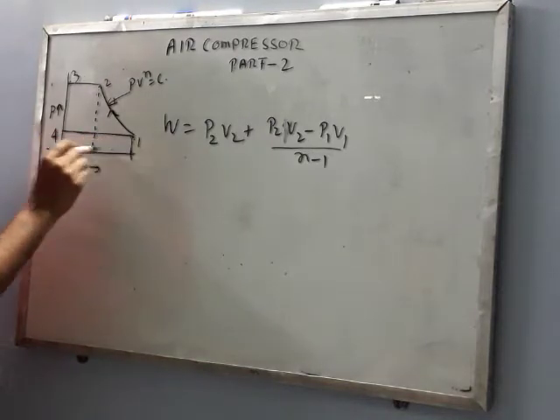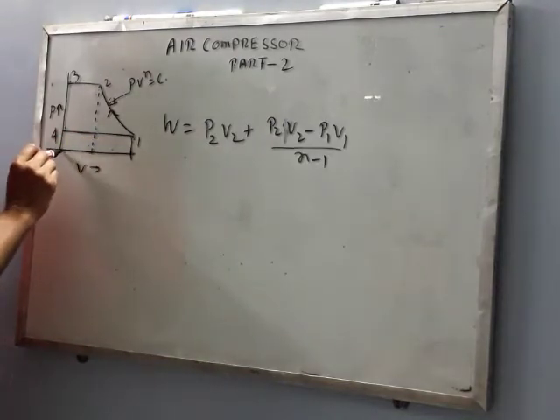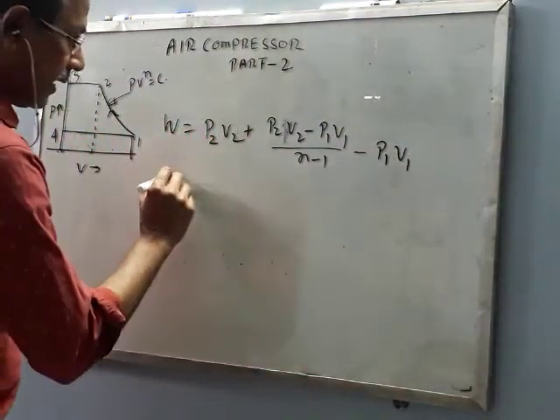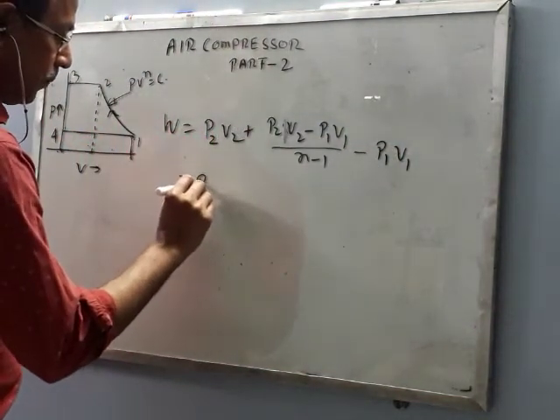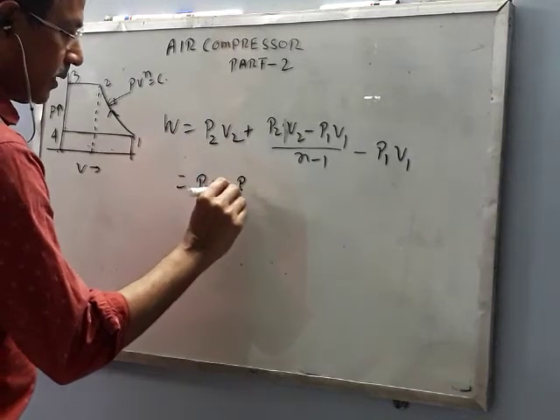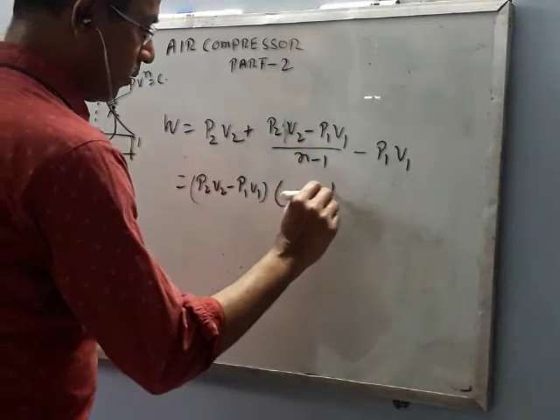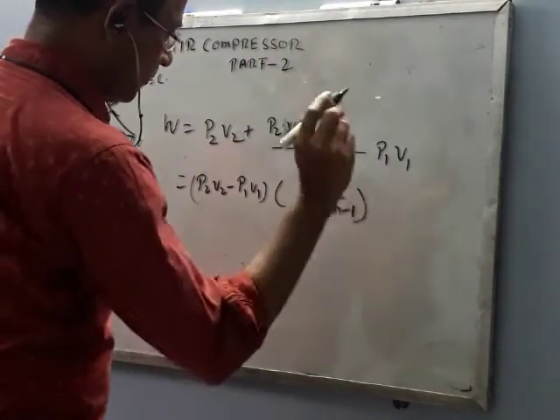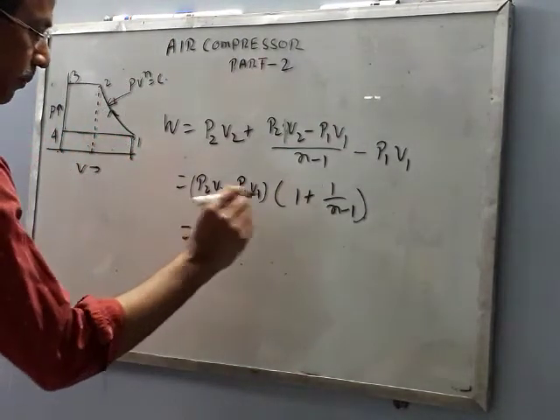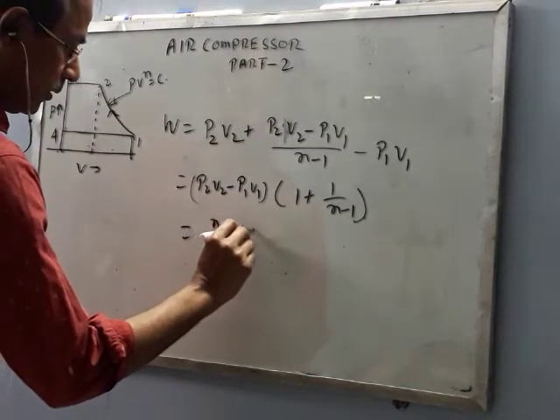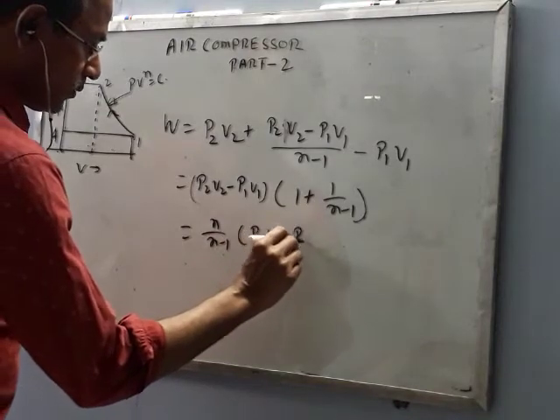And this is minus, so this is P1 and this is V1, so minus P1 V1. If we calculate this, P2 V2 minus P1 V1, then 1 plus 1 by n minus 1, that will be n by n minus 1 into P2 V2 minus P1 V1.